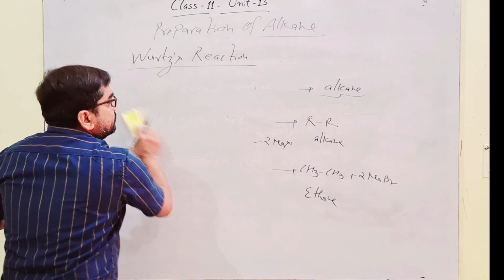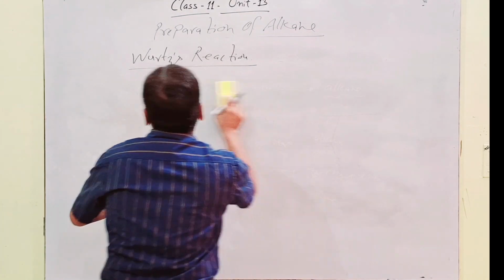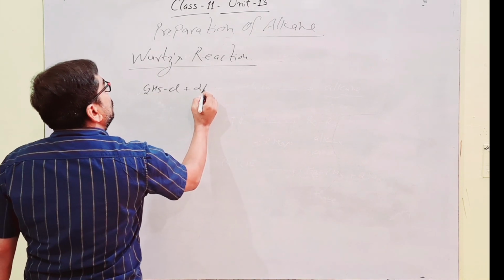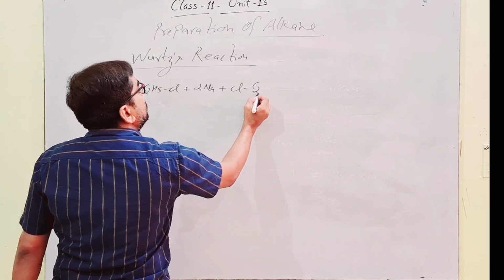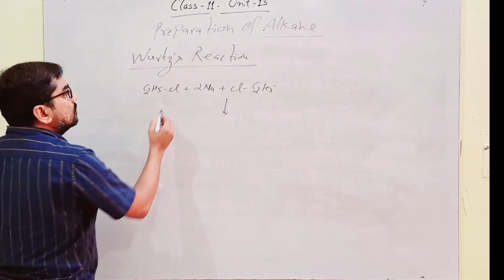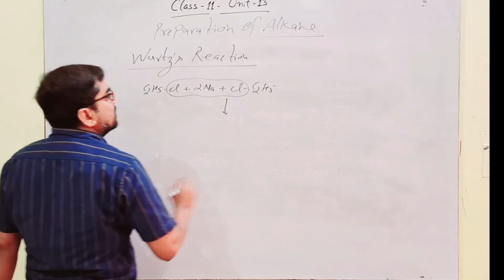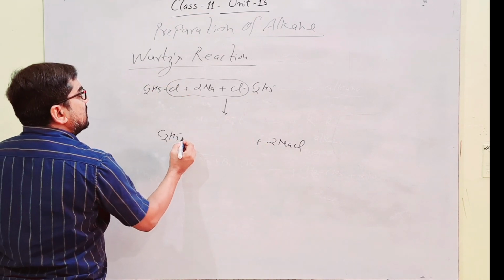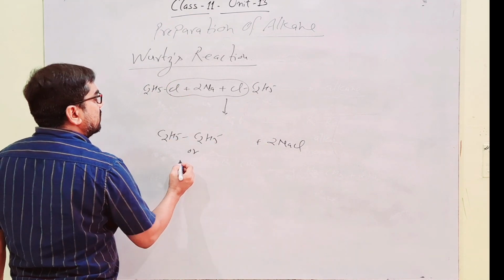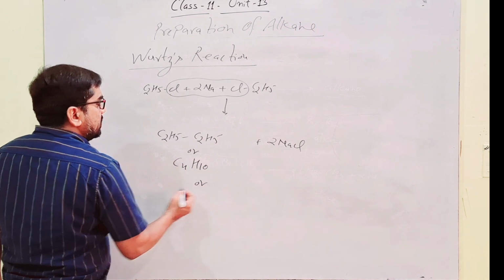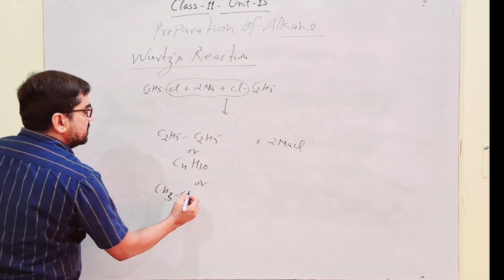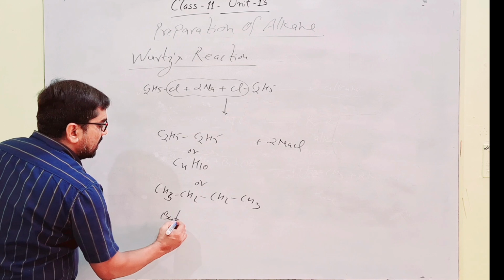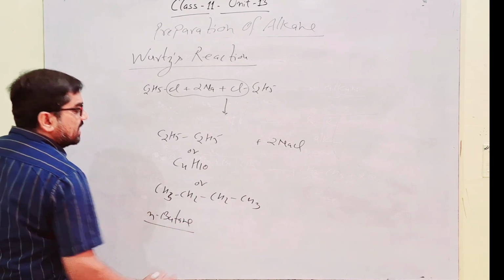Next, C2H5Cl with sodium, ClC2H5, two molecules, elimination of 2 NaCl, formation of C2H5 single bond C2H5, or C4H10, CH3CH2CH2CH3. Butane is commonly called normal butane, without branching.